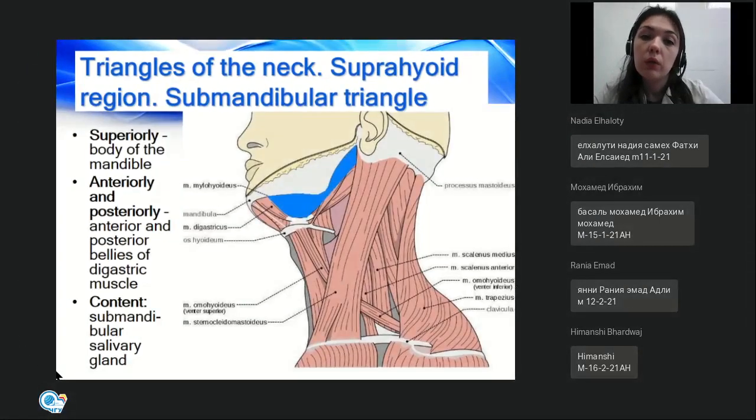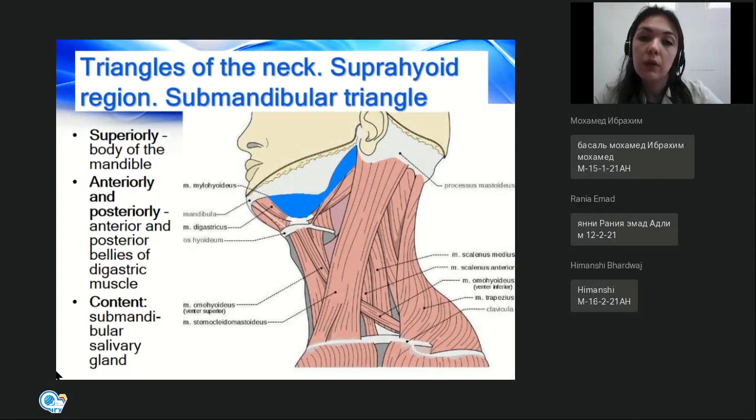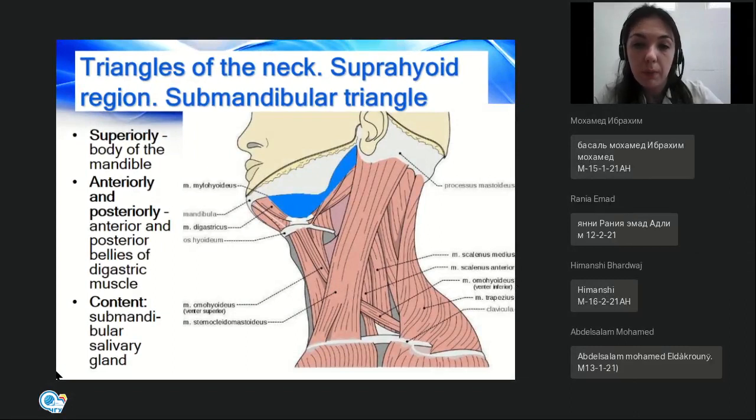In the suprahyoid region, which is located above the hyoid bone, there are three triangles. One of them, the largest, is the submandibular triangle, trigonum submandibulare. Superiorly, it is bounded by the body of the mandible.